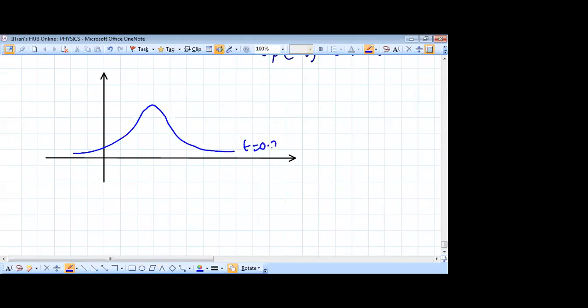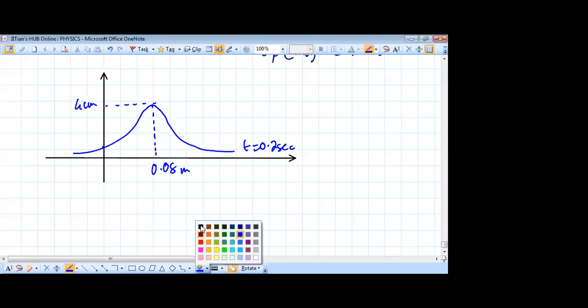This is at the instant 0.2 seconds. So the peak was occurring at 0.08 meters, and that peak's value was 4 centimeters. Anyway, the particle at the origin was located over here at that instant.